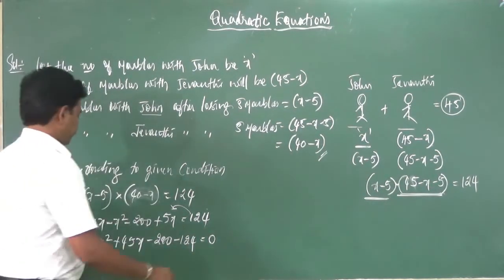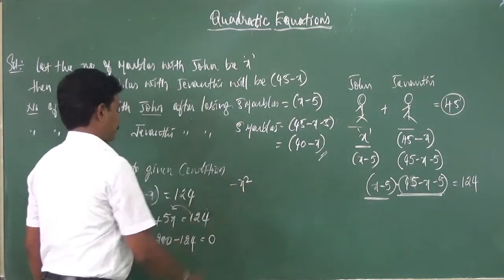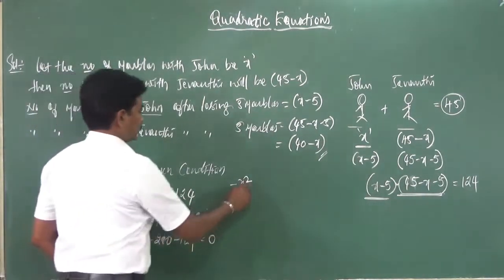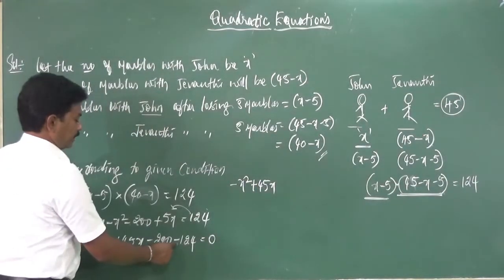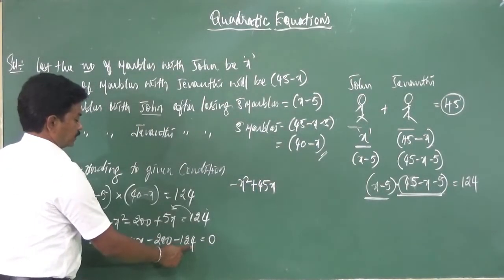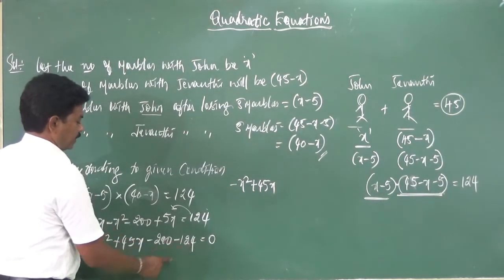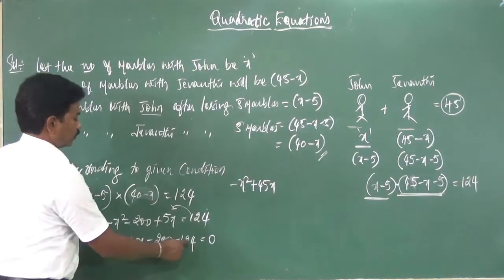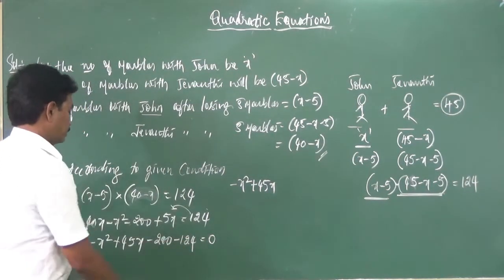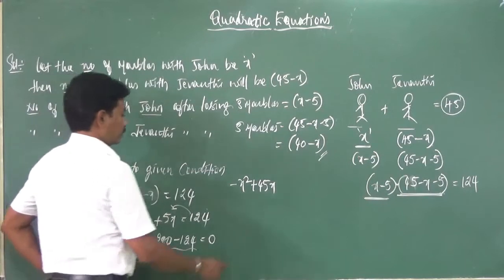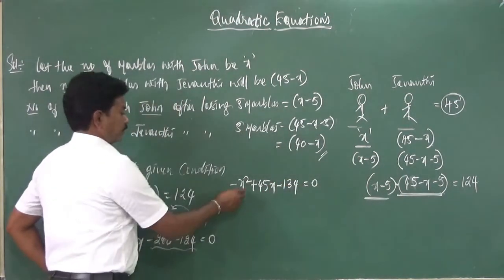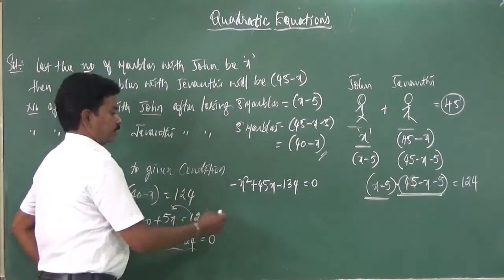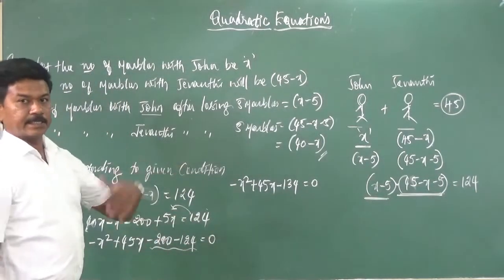So it comes to minus x square plus 45x minus 200 minus 124, they have the same sign, so that becomes minus 324 is equal to 0. So for x square we have minus in here, so for the entire equation we will take minus as the common.